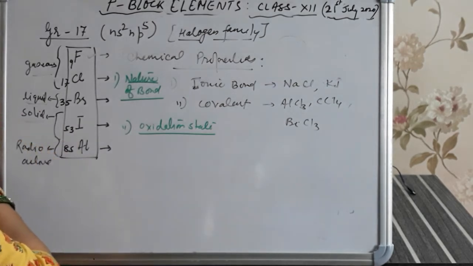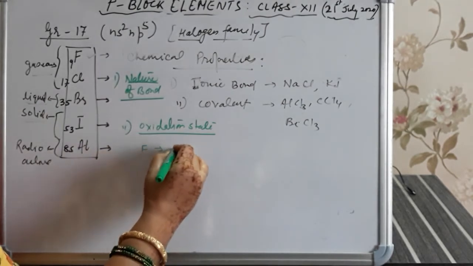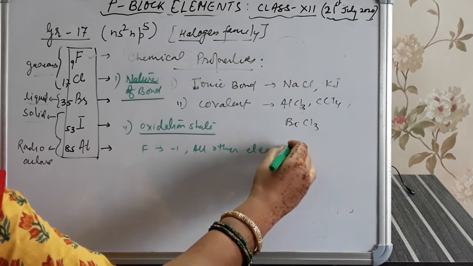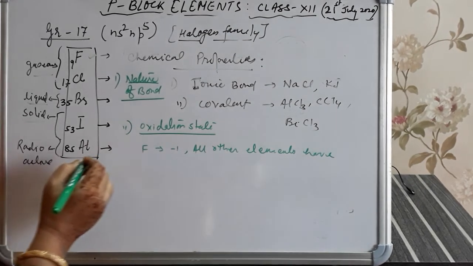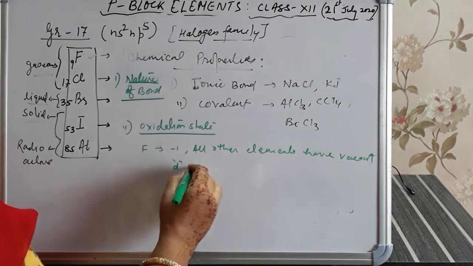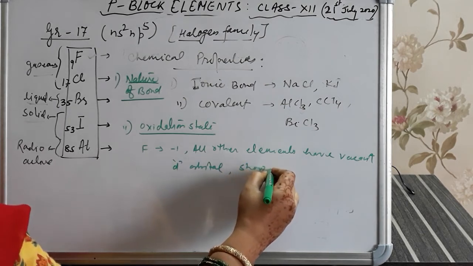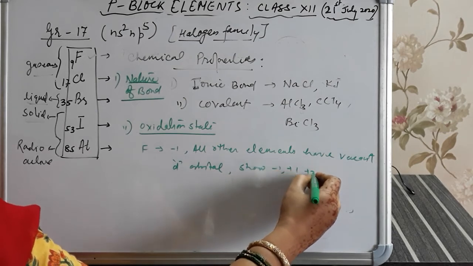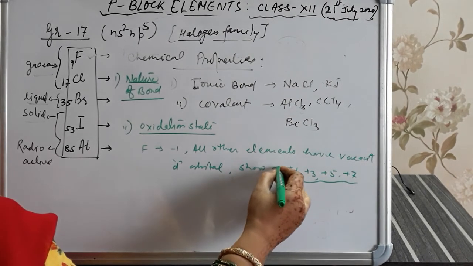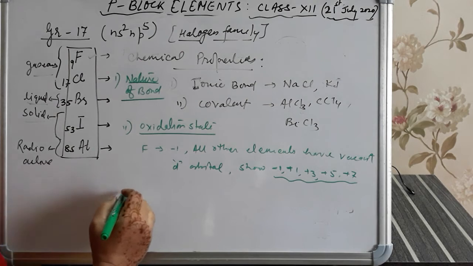Students, chlorine shows -1, fluorine shows -1, and all other elements have vacant d orbitals, so they show -1, +1, +3, +5 and +7, meaning a wide range of oxidation states is shown by the group 17 members. At first we will see an example.